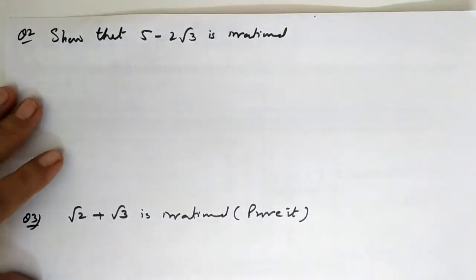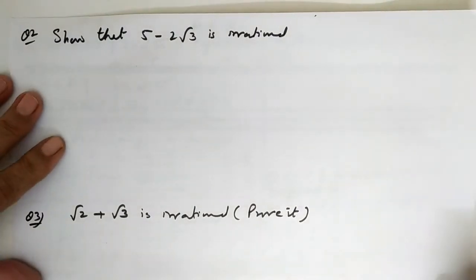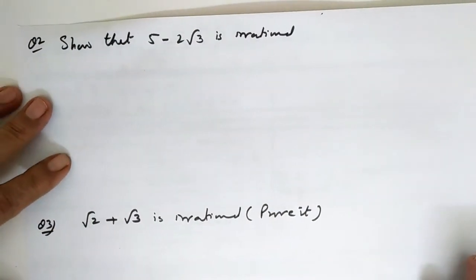नेक्स्ट क्वेश्चन इज शो दैट 5 minus 2 root 3 is irrational.